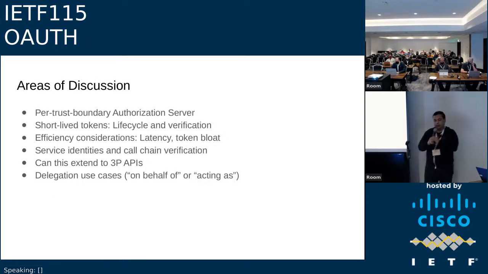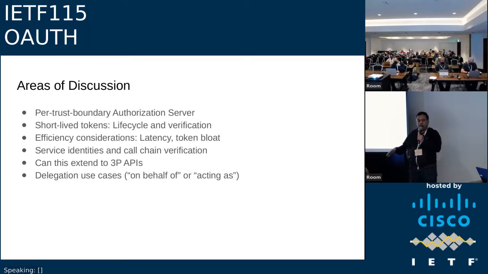Yeah, so these are the things that we would like to discuss, right? So we want to discuss things like the short-lived tokens or the efficiency considerations, because this is something that is going to have to go with every RPC between microservices. So it needs to be super efficient. How do we verify the call chain?